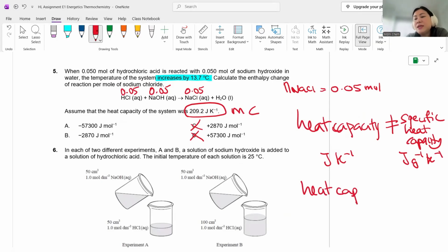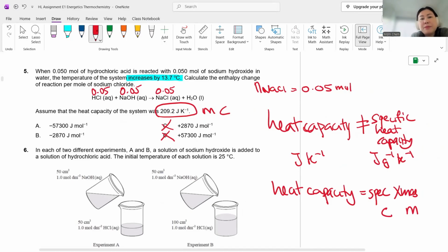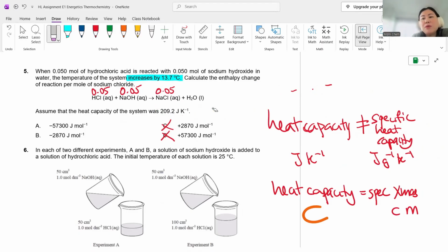Heat capacity is specific heat capacity times mass. So your M and C are already together, so we give it a symbol. The common symbol to use is a capital C, big C. That is a small c. So the formula will be C delta T. Okay, so Q equals C delta T.